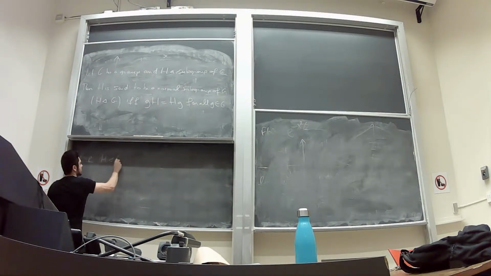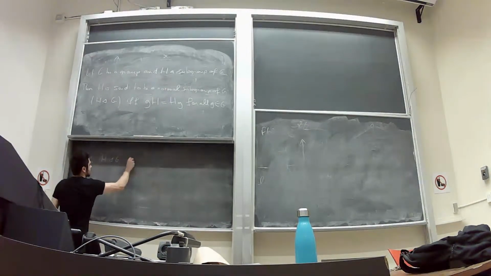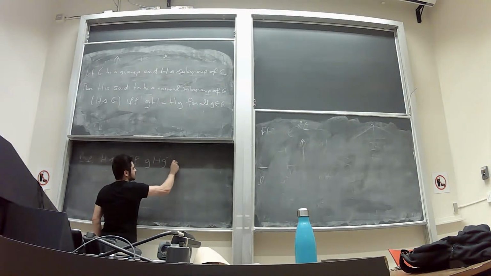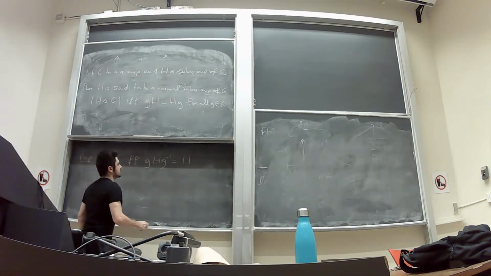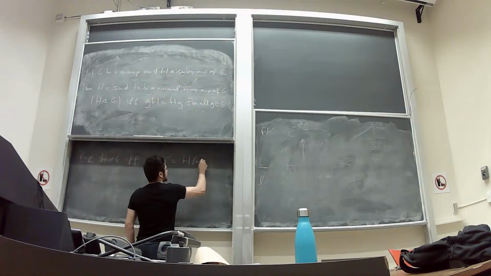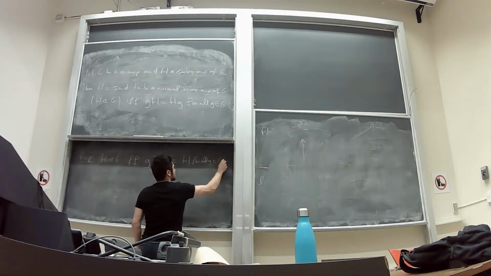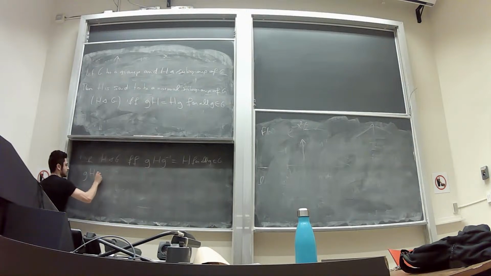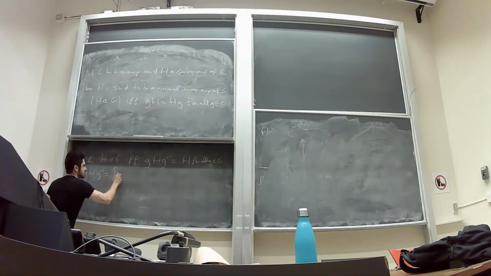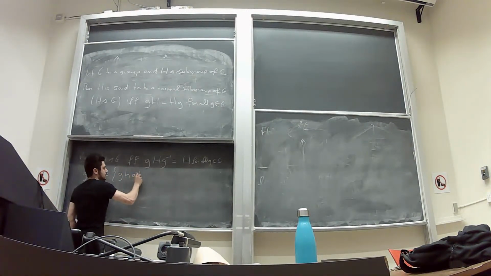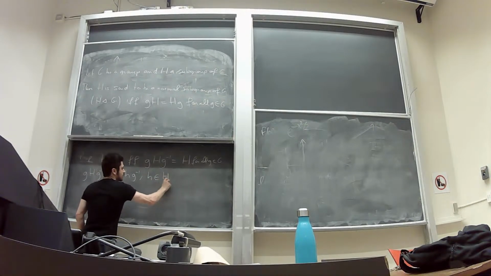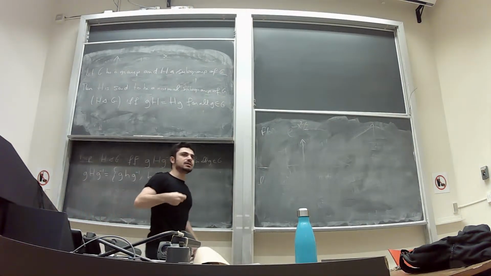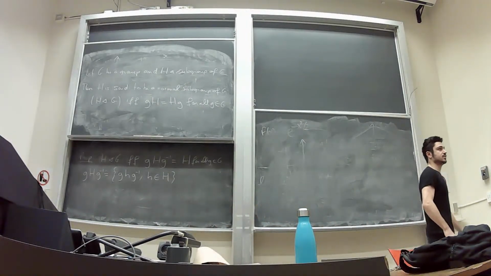H is normal in G if and only if gHg inverse is equal to H for all g. gHg inverse is just this set: you take the elements of H, you multiply them on the left by g, and you multiply them on the right by g inverse.